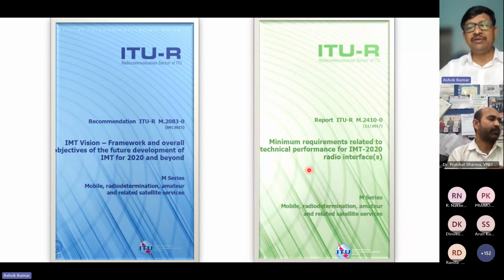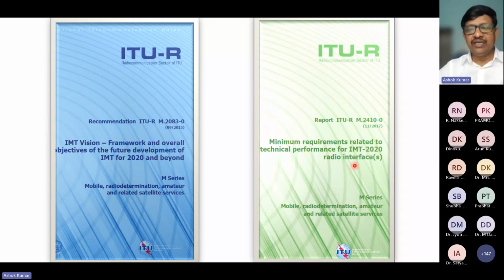This gives the minimum requirements related to technical performance of 5G or IMT-2020 radio interfaces. This document talks about what the key capabilities of the 5G radio should be. Our focus initially today will be on these two documents. We'll be talking about the various vision, framework, requirements, etc. of 5G in our session.